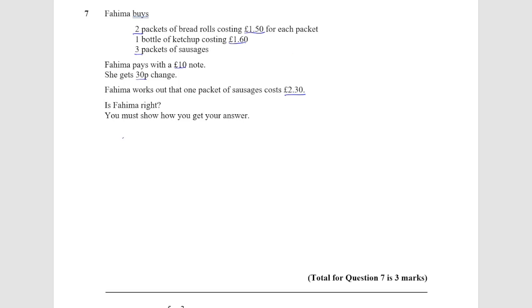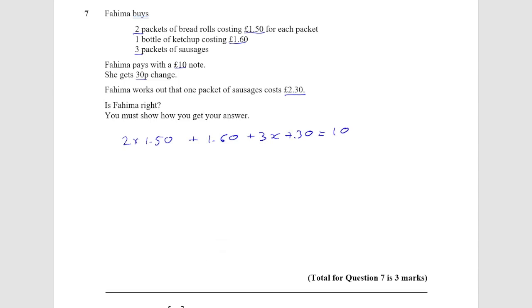So I want to work out what 2 times by £1.50 is going to be, and to that I need to add £1.60. And then I'm also going to add on the 30 pence. Well, I'm going to say that I've got 3 lots of the sausages, which I'll call X for now, and then plus 30 pence, or plus 0.3, and that's going to be equal to £10.